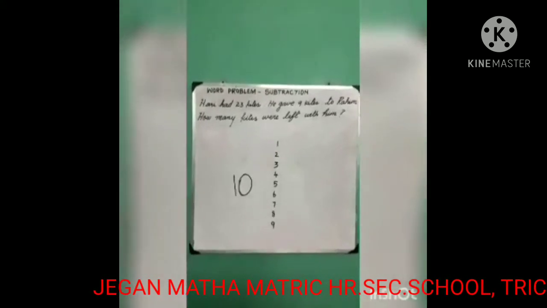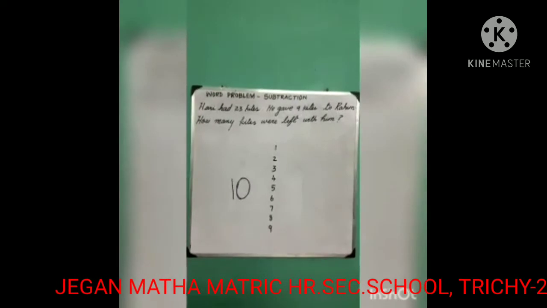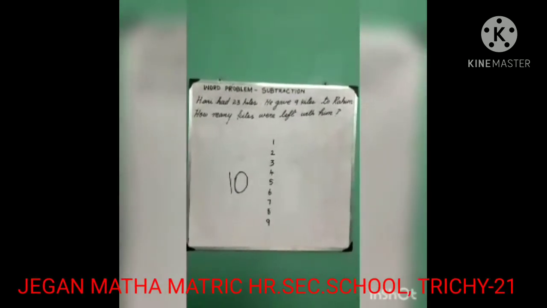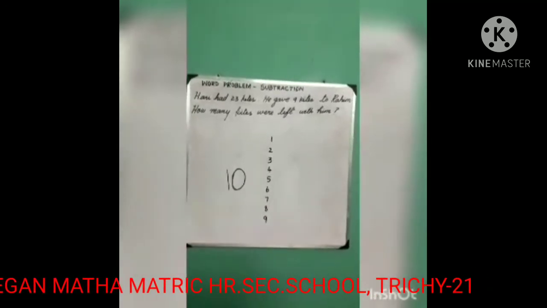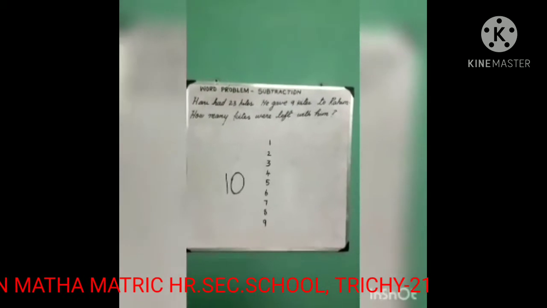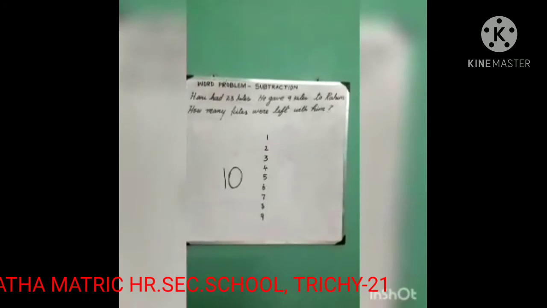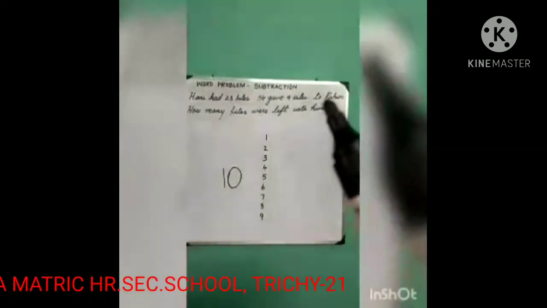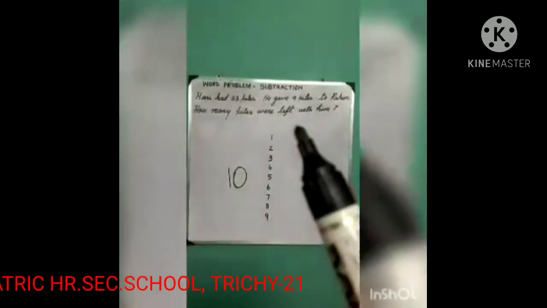I will read it again. Hari had 23 kites. He gave 9 kites to Rahim.